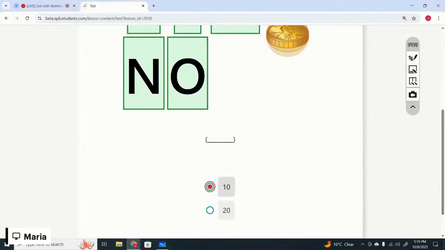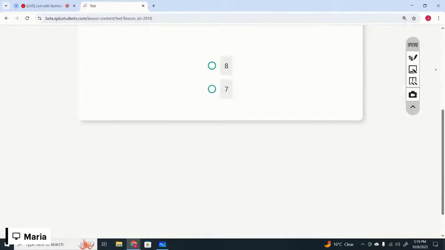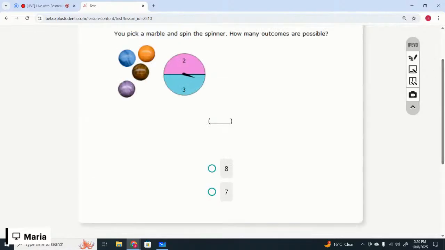Option number 1 is the correct option. You pick a marble and spin the spinner.